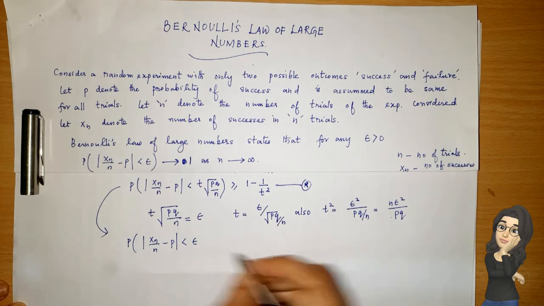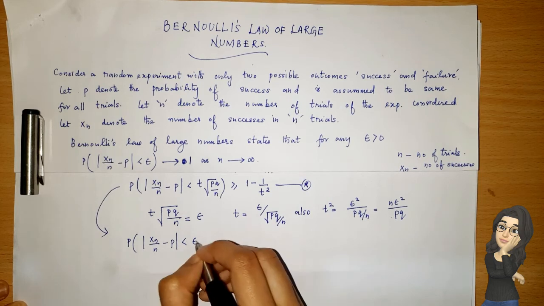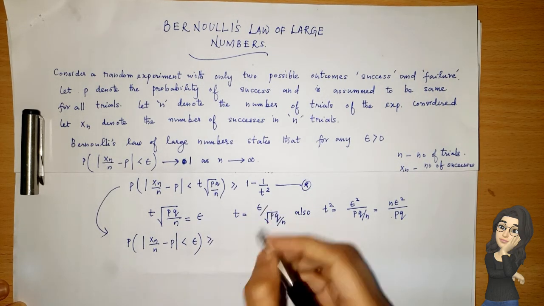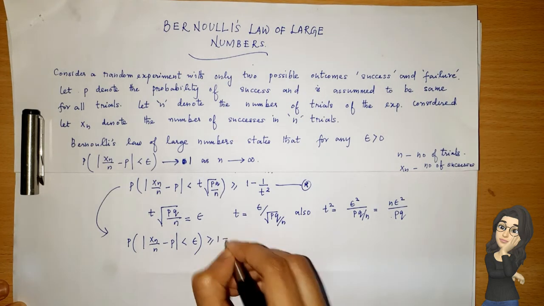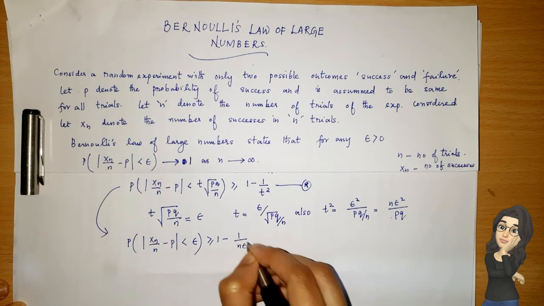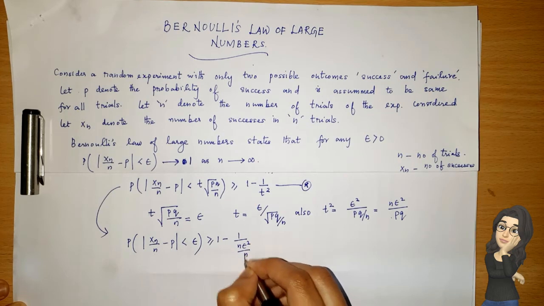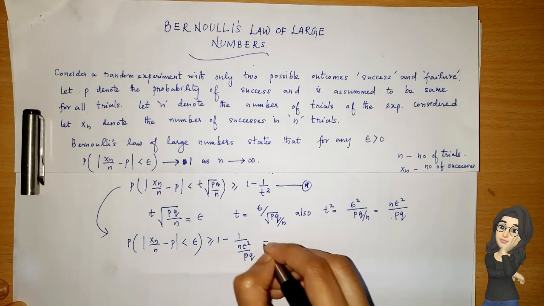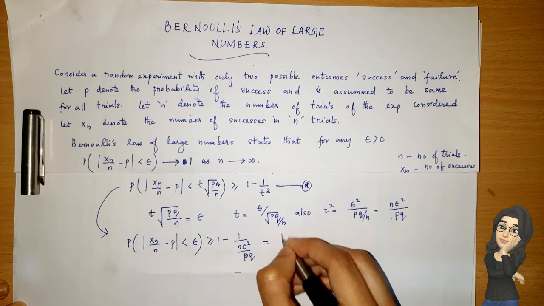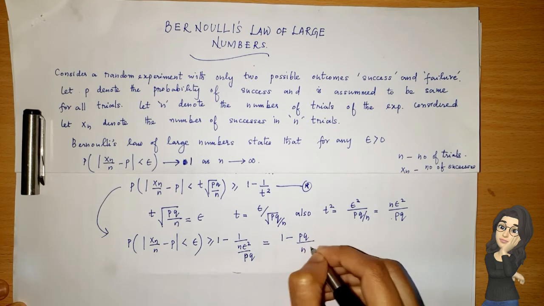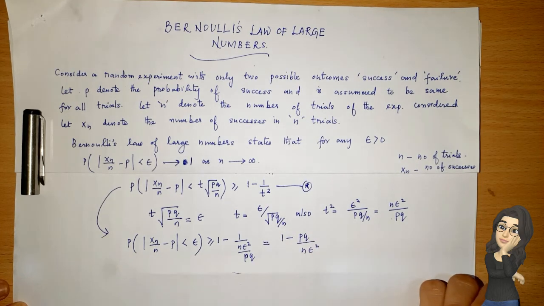So it will get cancelled and what is left will be epsilon is greater than or equal to 1 minus 1 by T square. That is 1 minus 1 by N epsilon square divided by PQ, which is equal to 1 minus PQ divided by N epsilon square.